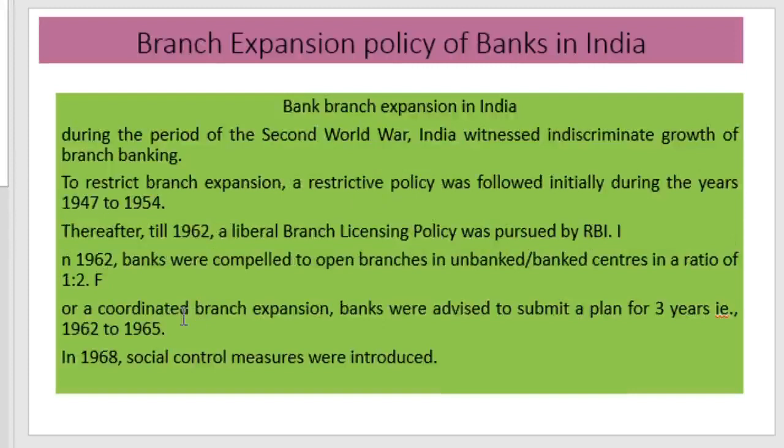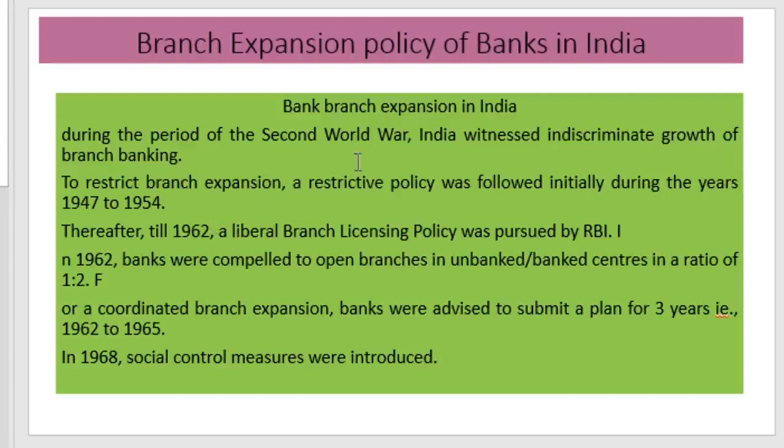Now, in the following section, we can see the various bank branch expansion policies that were adopted in India from time to time. During the period of the Second World War, India witnessed indiscriminate growth of branch banking, and to restrict branch expansion, a restrictive policy was followed initially during the years 47 to 54.